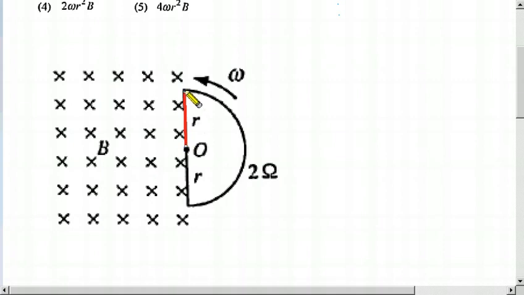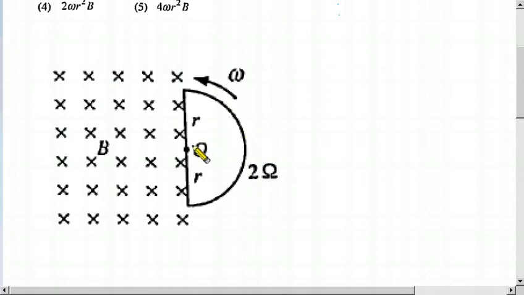When it is rotating, this straight piece of the loop rotates like this. Then this other straight line also rotates like this. So it is in the region where there is no magnetic field, so therefore it doesn't influence the current or the electromotive force EMF.